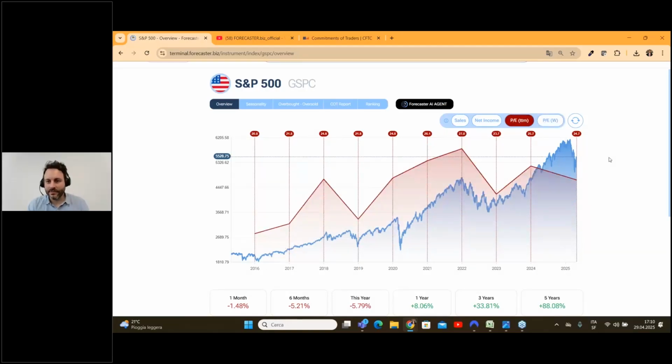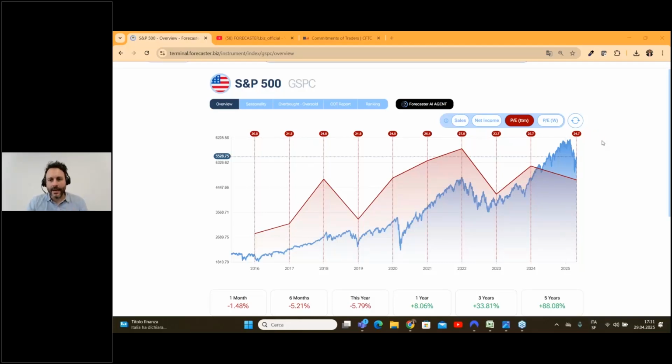You have to know that all the time you hear an analyst talking about the price earning for the entire index, he uses a non-weighted version of the price earning, which at the moment is 24.7.